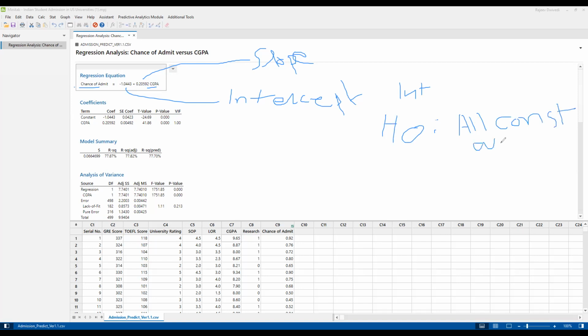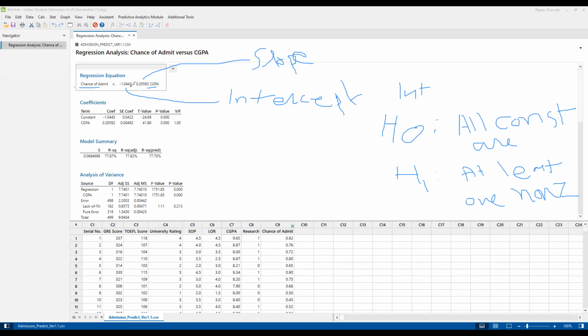The alternative says at least one constant is non-zero. I hope I am recording. Just a minute, let me check.